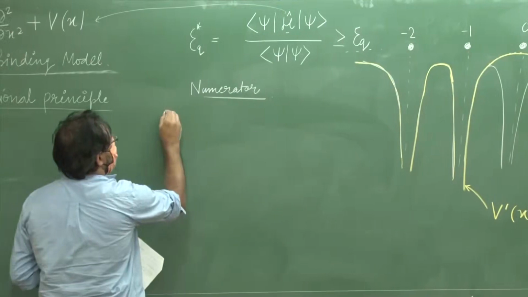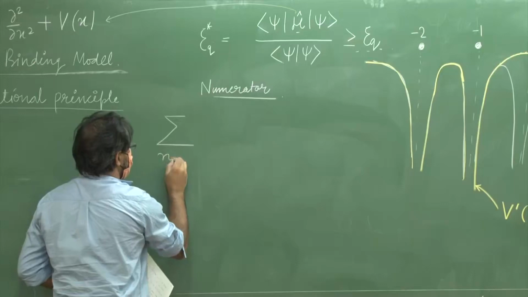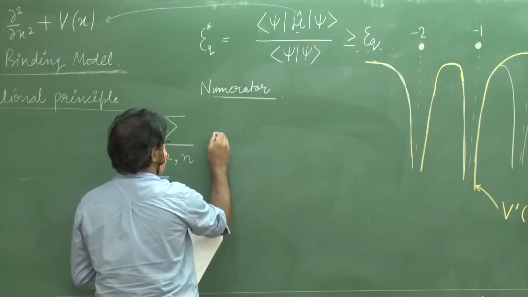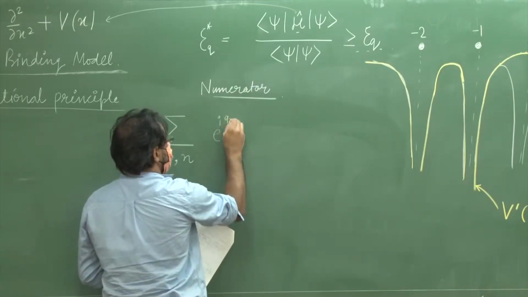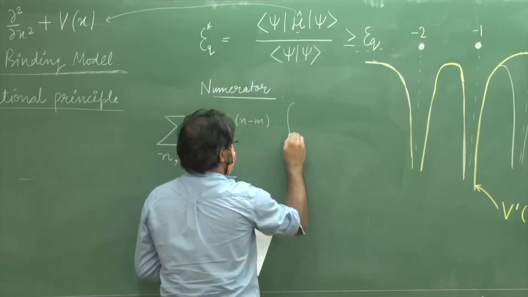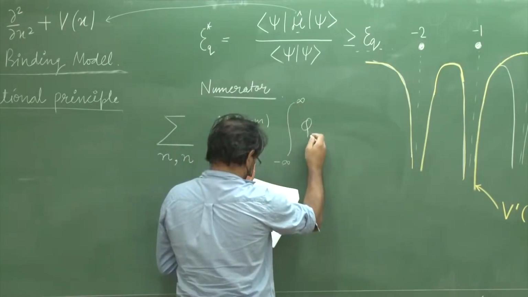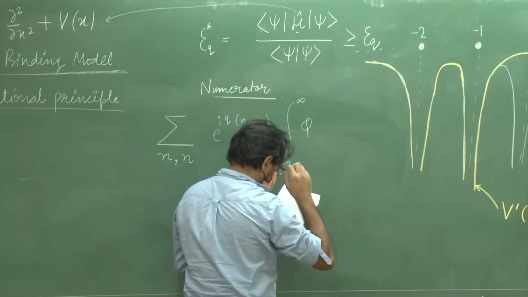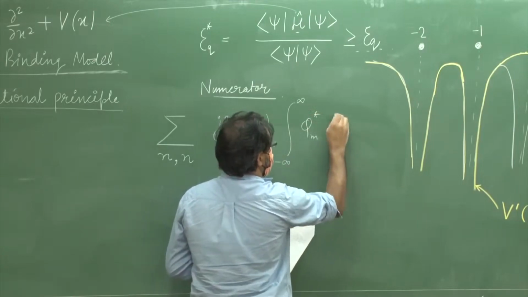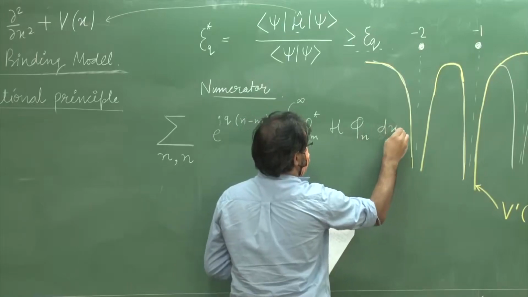Numerator is summation n comma m, exponential i q (n minus m) a, and then integral minus infinity to plus infinity phi m star, H, phi n, dx.